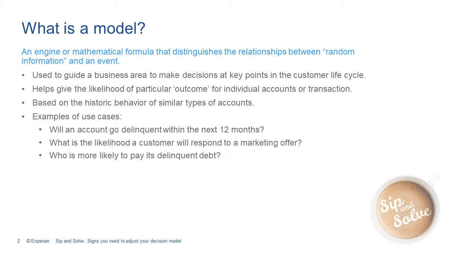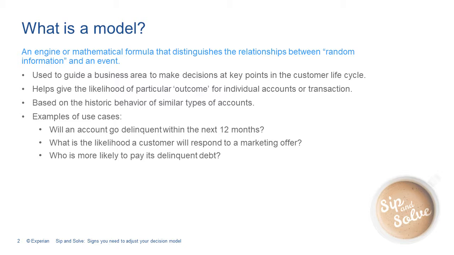So what is a model? It's really just an engine or mathematical formula that distinguishes the relationship between random information and an event. So it's a calculation that predicts something. You all may be using models in your roles today.